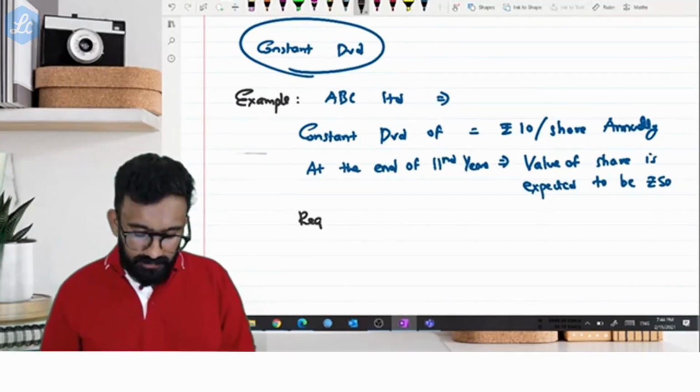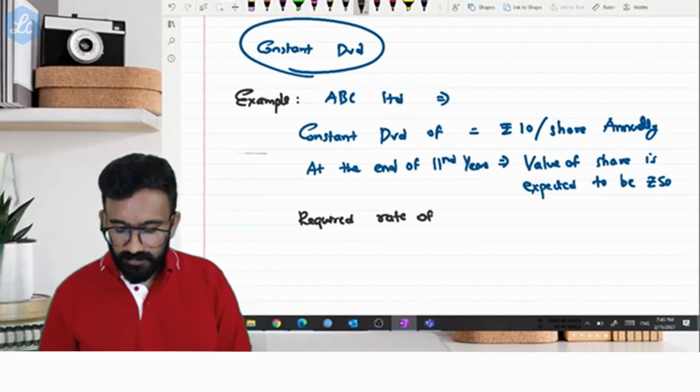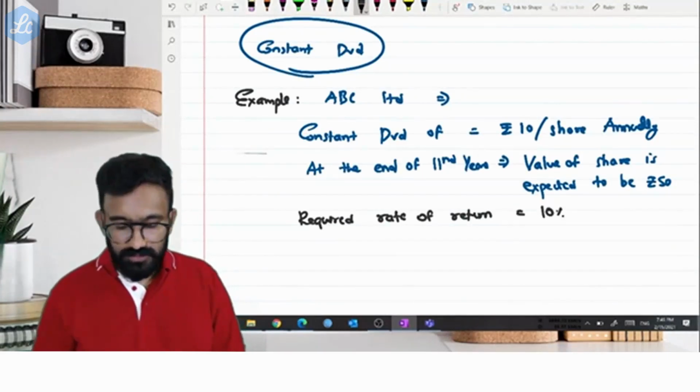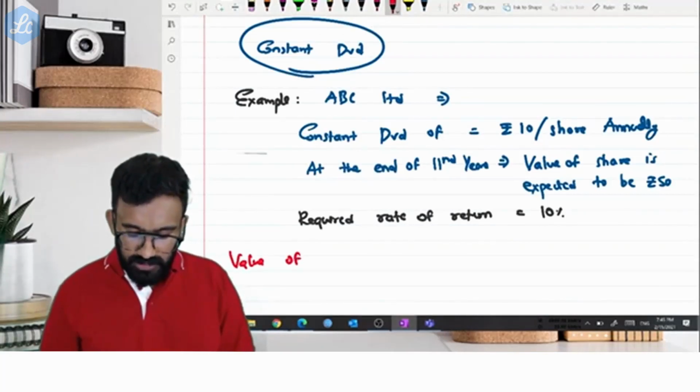The required rate of return of the investor, assume 10%. If that's the case, what is the value of the ABC share today?